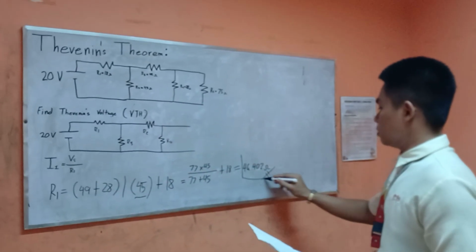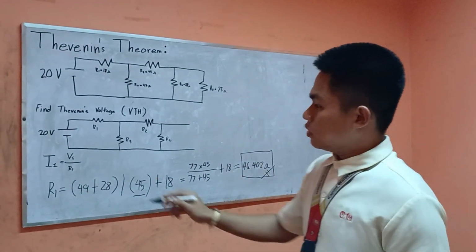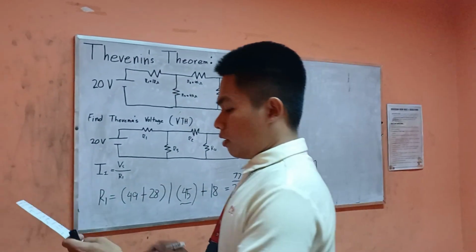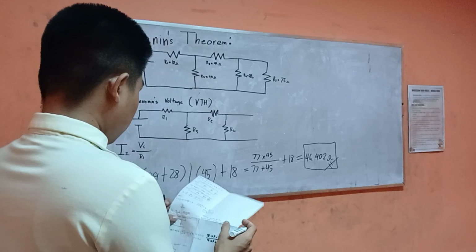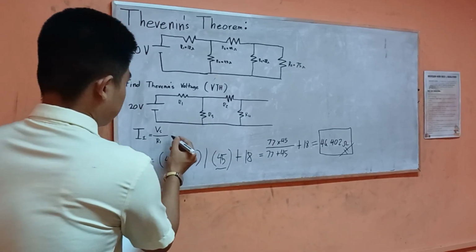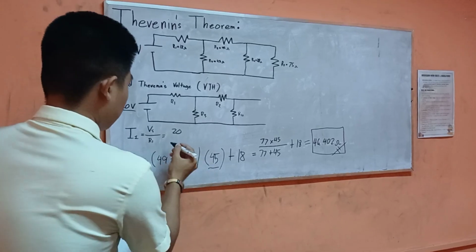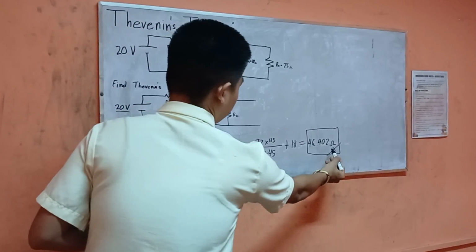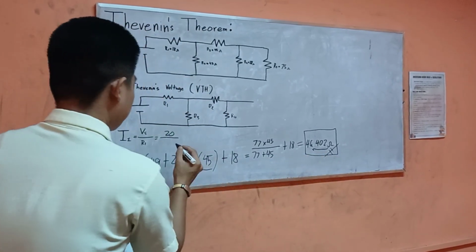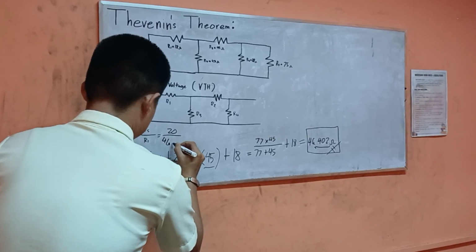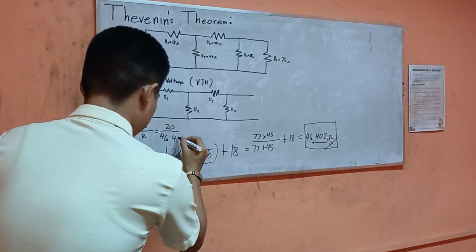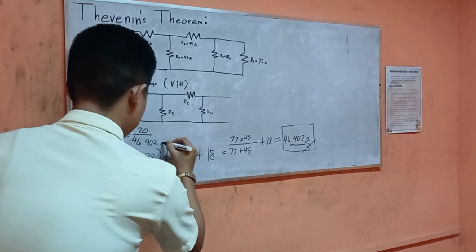Now, this is the resistor 1, which means we can now solve for loop 1. The voltage is equal to 20 here, and R1 is what we solved earlier, 46.402 ohms.